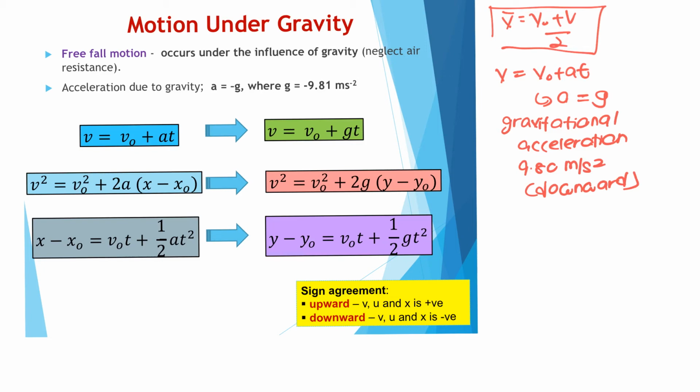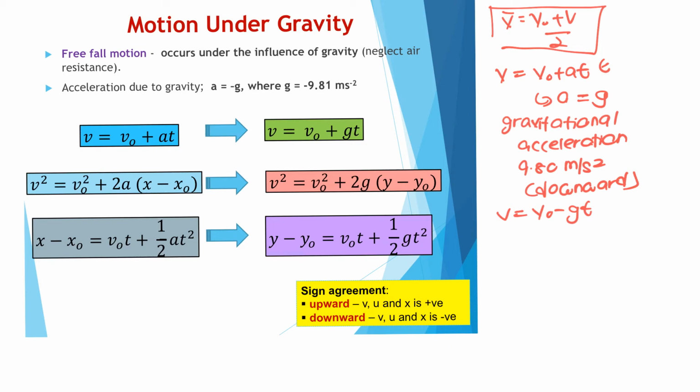So here, if for example you assume downward is negative, that means your formula here is going to be v equals v naught minus gt. But I prefer to put the original formula first, and when I do the calculation, I put the negative 9.80. It's much easier, and you avoid confusion when it comes to sign.